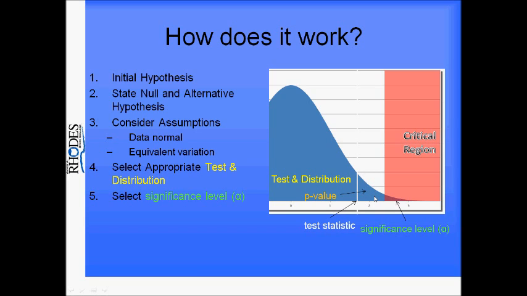Or do you want an alpha of 0.05, which is 95% confidence? That's where I have my critical region set. Or maybe you want something tighter, like a 99% confidence interval, where your alpha would be 0.01. So that's step 5, determining what we want our significance level to be.